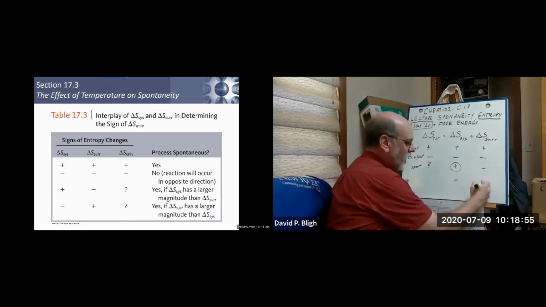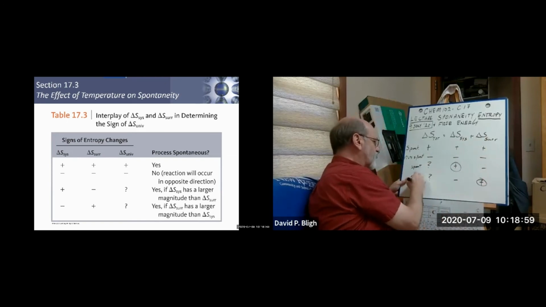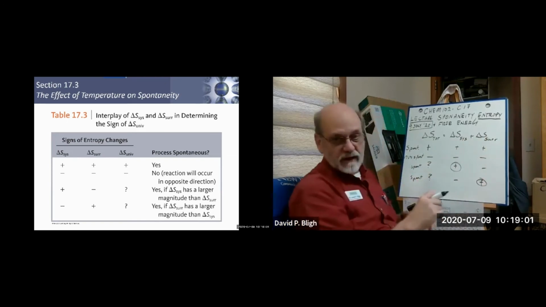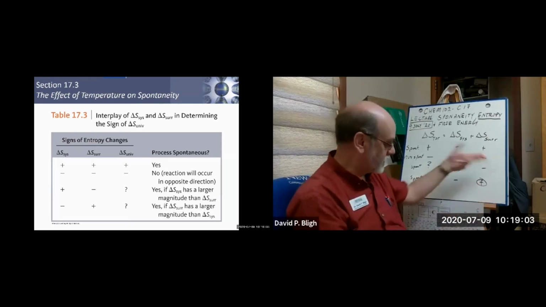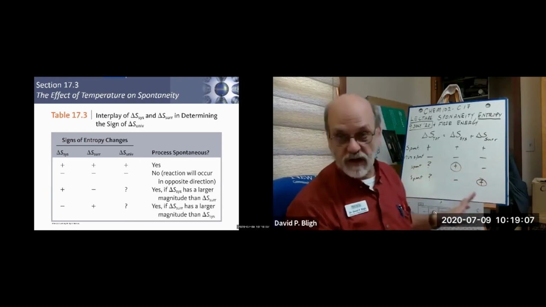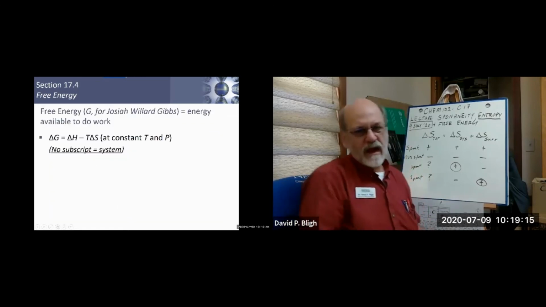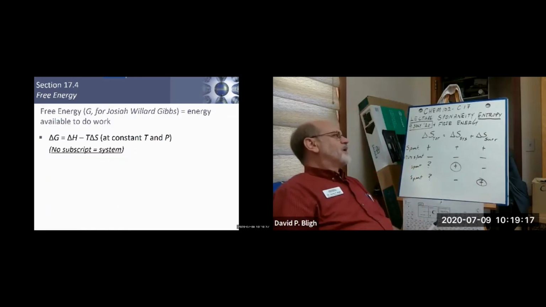And the other way around, if this one dominates, then that one's spontaneous. Otherwise, they're non-spontaneous for the opposite. If this is larger or that's larger, then you get a non-spontaneous. So that is conditional. These two situations are conditional. All right.